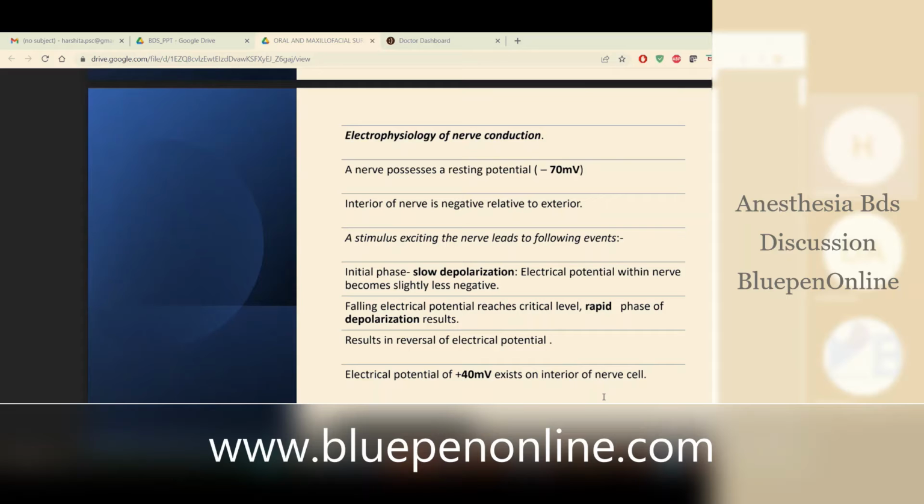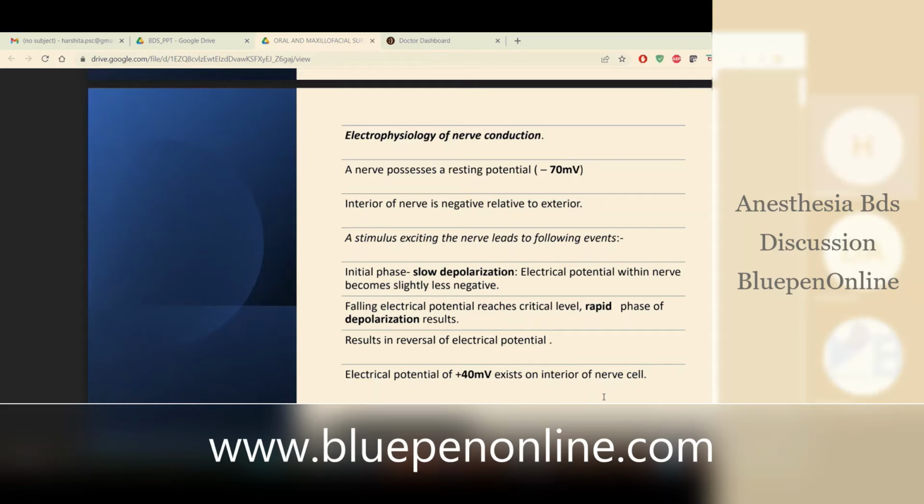To be more brief, initially when a particular stimulus comes and hits your nerve, there will be an initial phase. In the initial phase, the negative potential in the nerve, which is minus 70 millivolts, will become slightly less negative compared to earlier, somewhere around minus 50 to minus 40 millivolts.